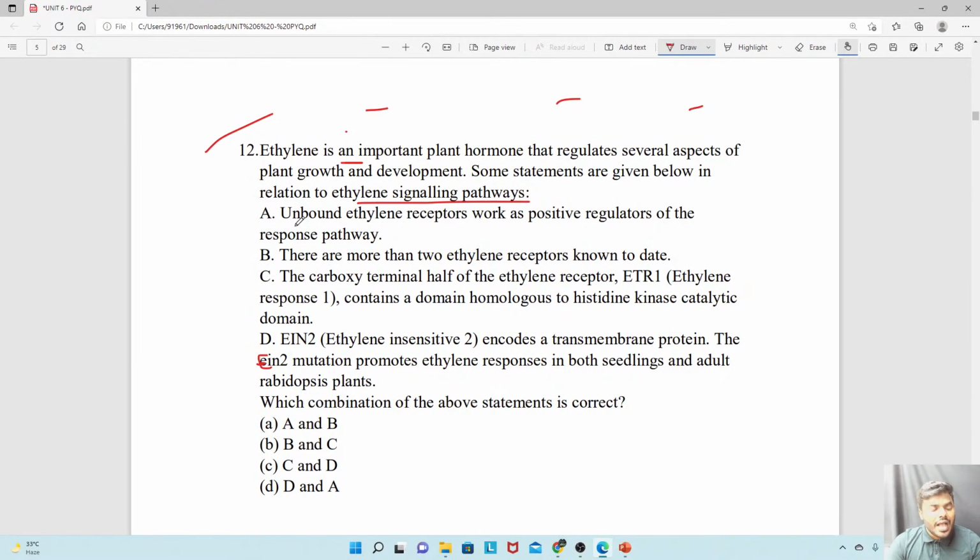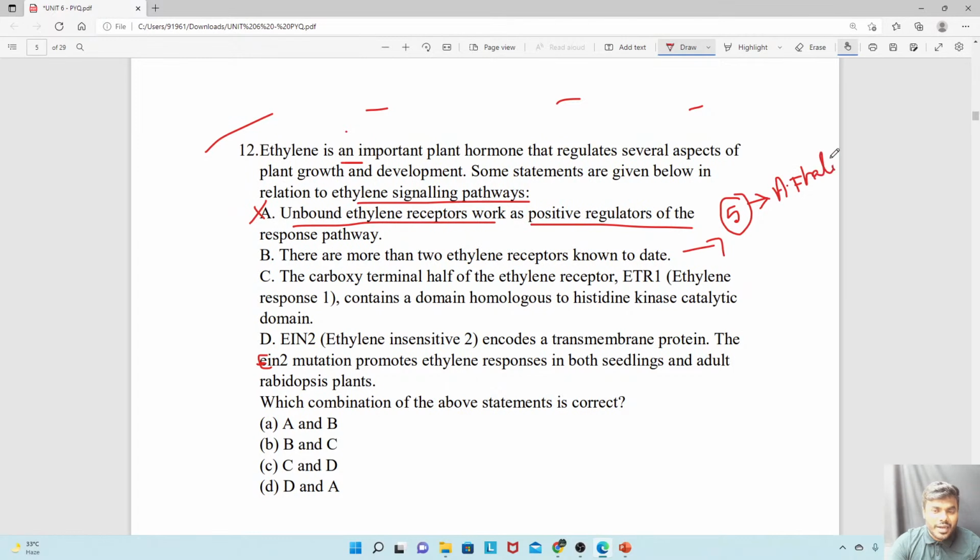Option A says unbound ethylene receptor works as a positive regulator. How is that possible? Without the presence of ethylene, how can the plant show a positive response? Option A is absolutely wrong. I have told you very clearly, more than 5 ethylene receptors were identified in Arabidopsis thaliana.